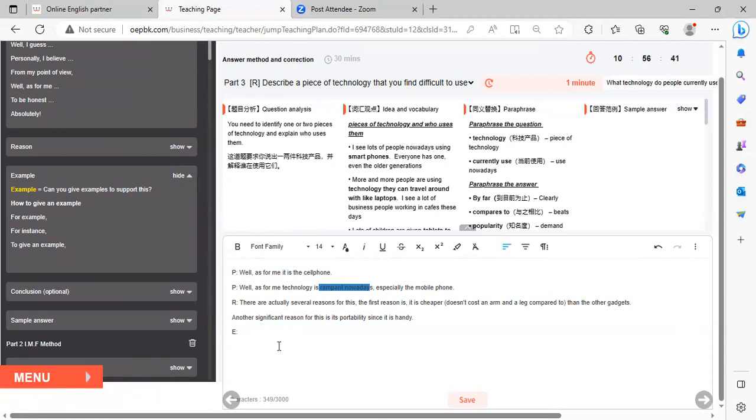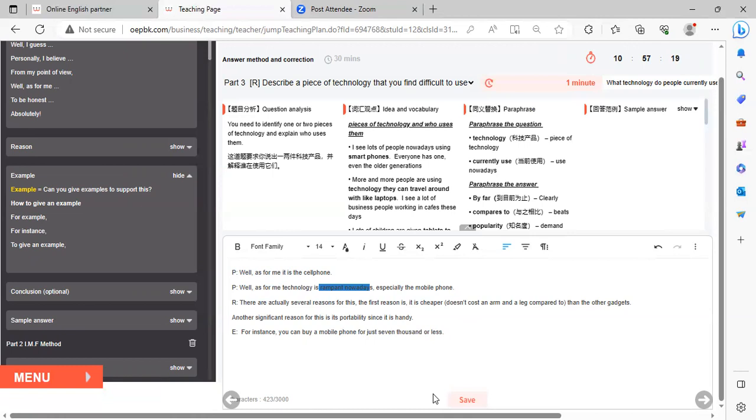For instance, you can buy a mobile phone for just 7,000 or less.